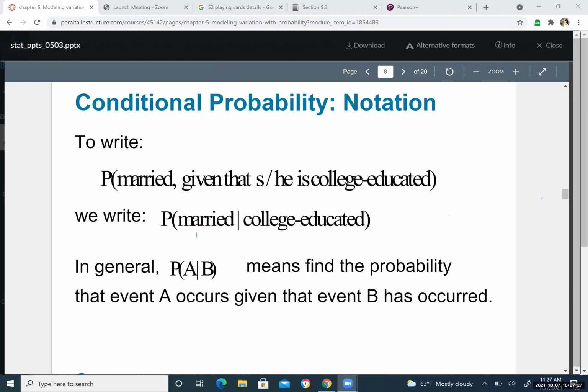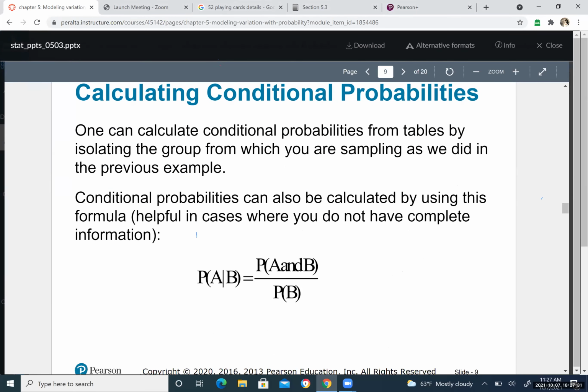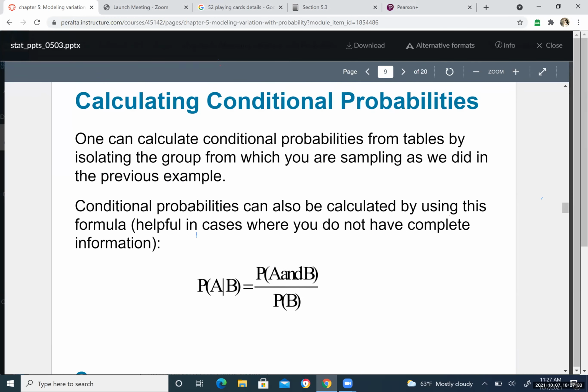Please stop me if you have any question. So here's the formula for you. You need this formula, okay? If you can see by eye, like I just showed you, it's okay to do it directly, but you have to show me probably the fraction and then the decimal value.